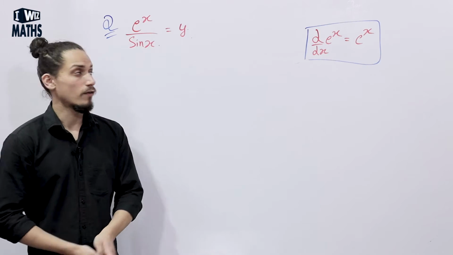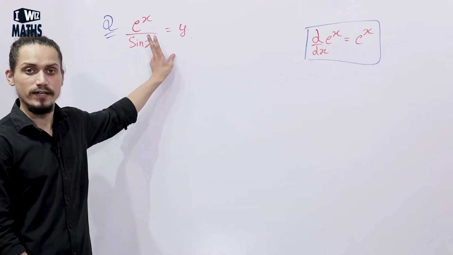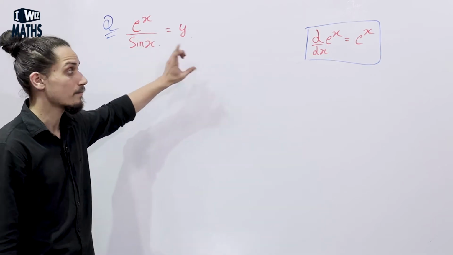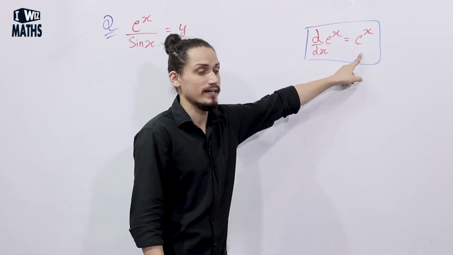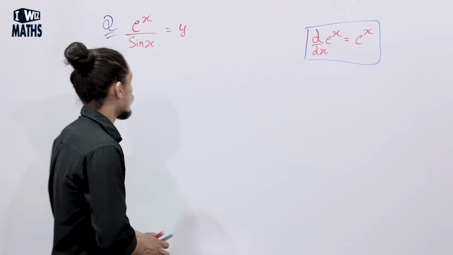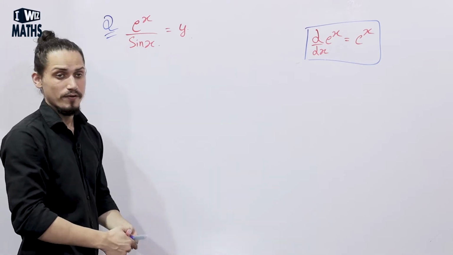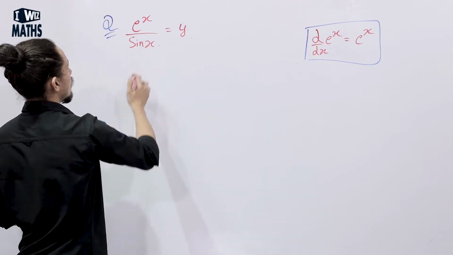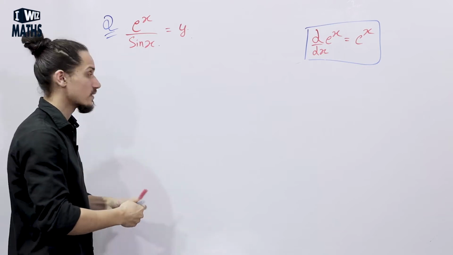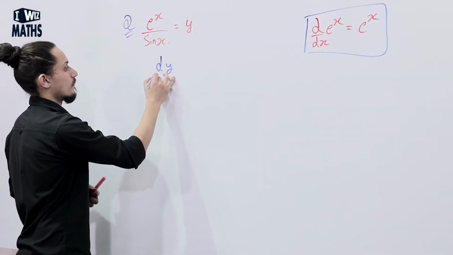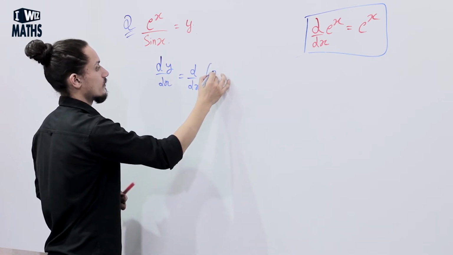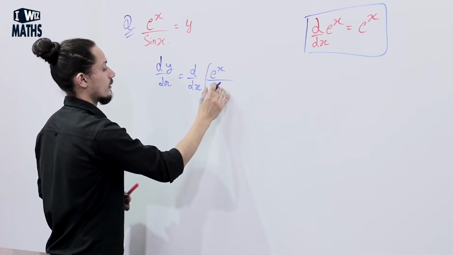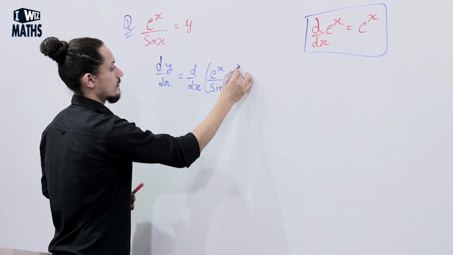Now we'll solve a function including the exponent function. We'll find its derivative, but before that, the derivative of a natural exponent function is again the exponent function. Okay. Now in this case we have to find its derivative. So we have y is equal to e^x divided by sin x. So dy by dx will be equal to d by dx of e^x divided by sin x.